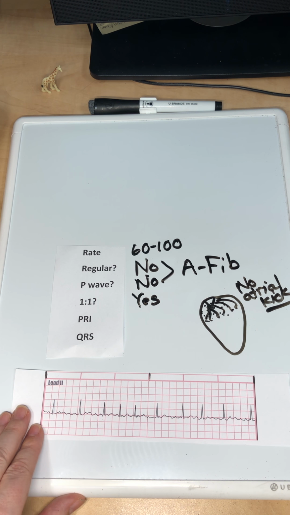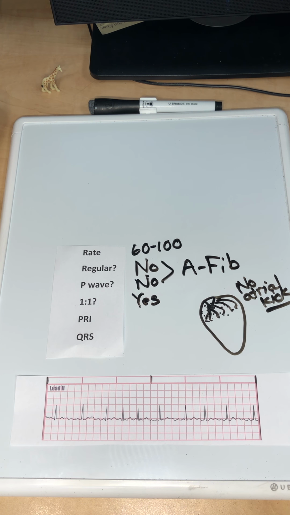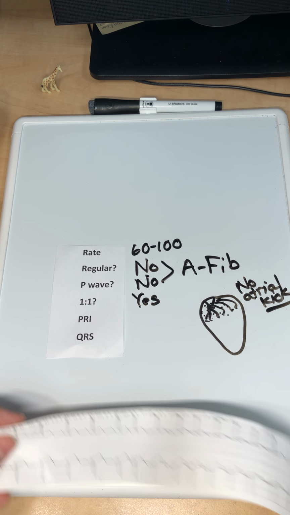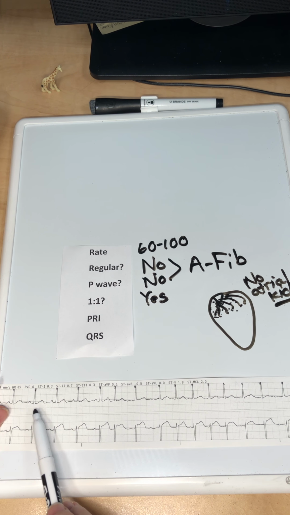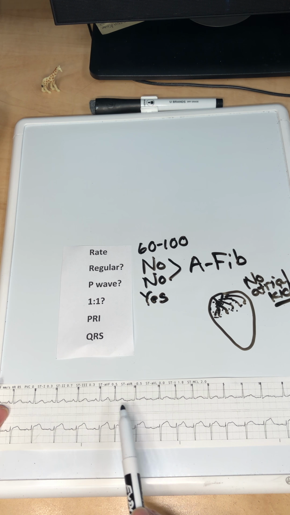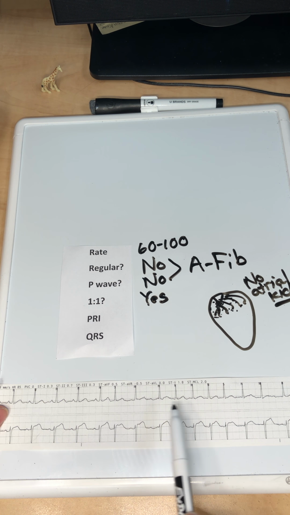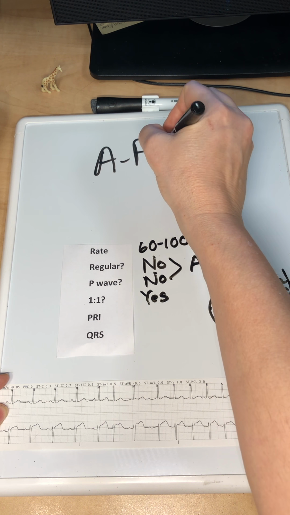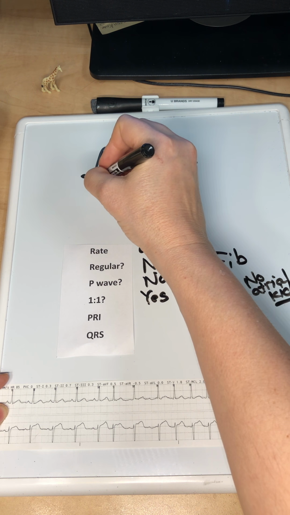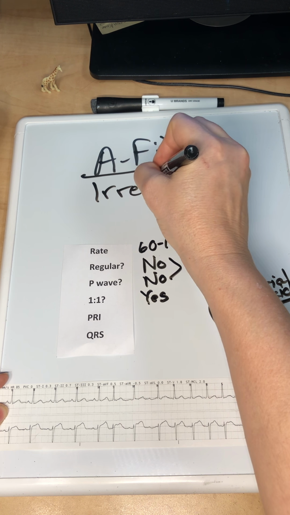So if your patient goes from sinus to AFib, oh look, I happen to have a strip of that. Look at this. Beautiful sinus rhythm, boom, boom, boom, boom, and then all of a sudden it goes irregular here and there's no P wave. So again, AFib, which is short for atrial fibrillation. Number one, irregular.